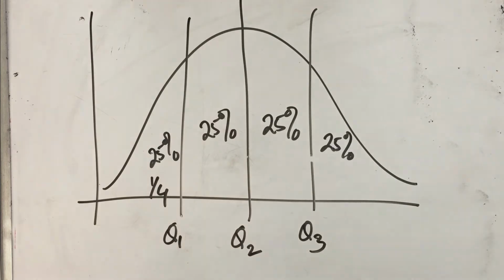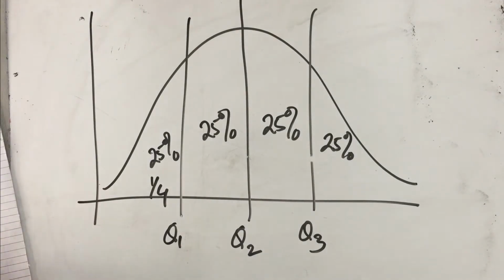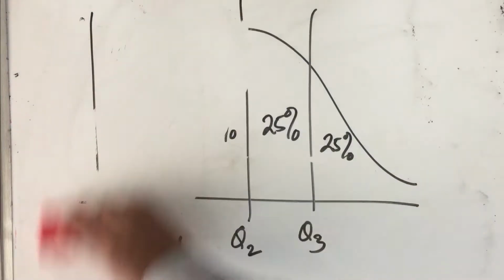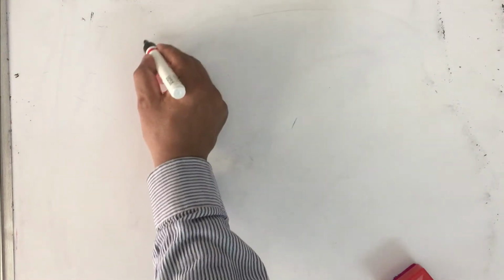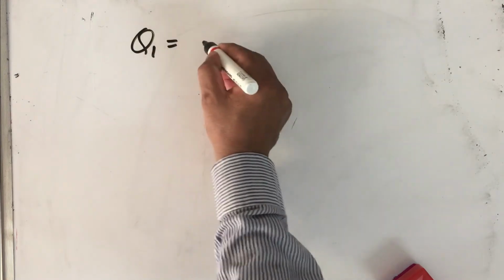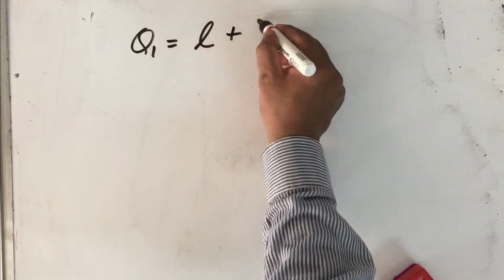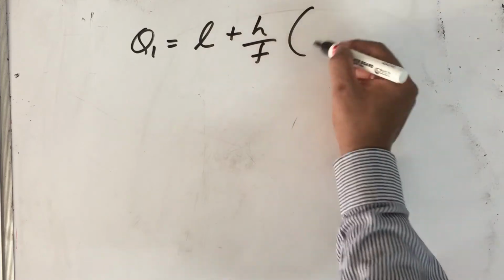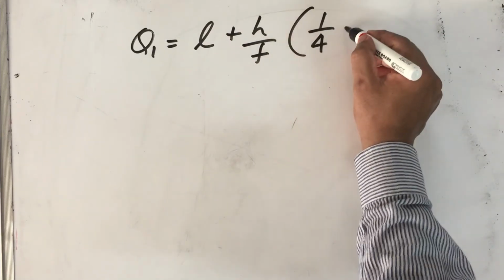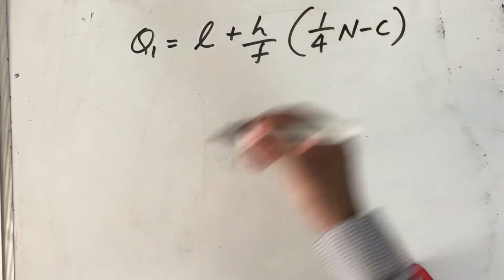The procedure for calculating quartile deviation is a very simple formula. We use the formula quartile Q1 is equal to L plus H by F into (1/4 N minus C).